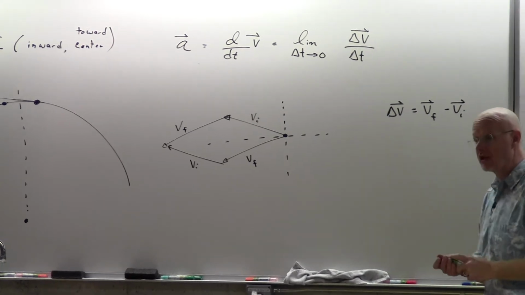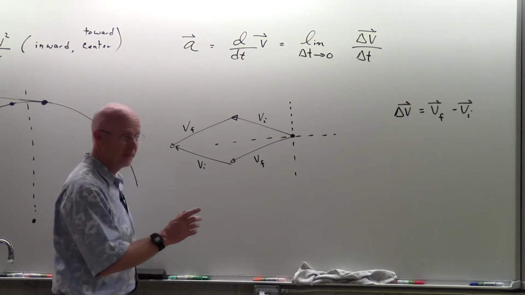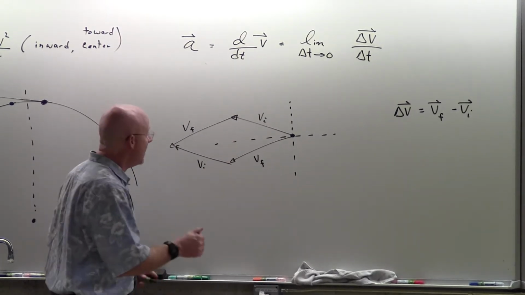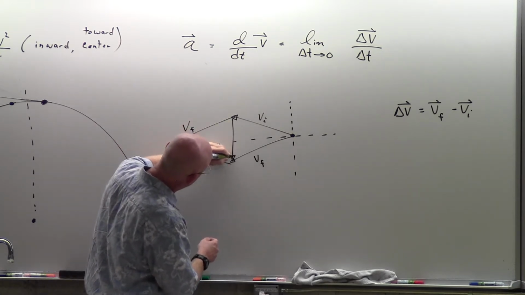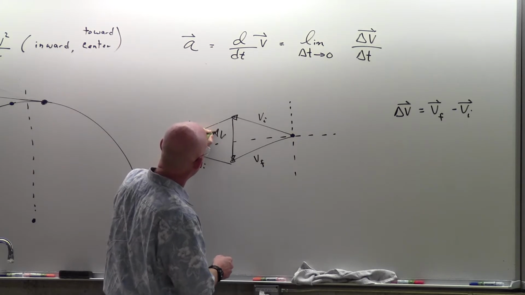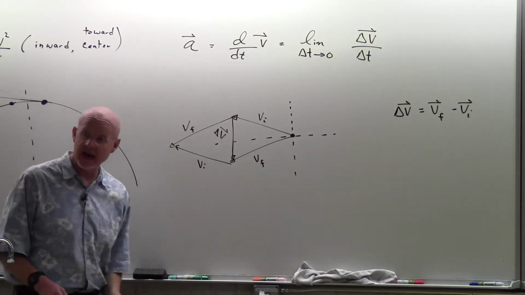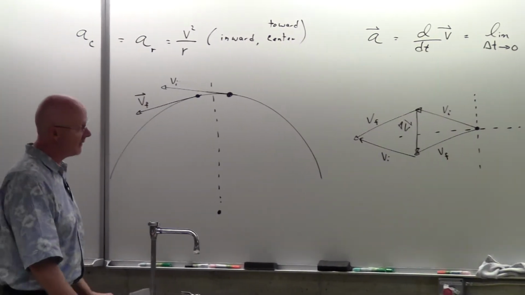So how do we draw the change? Isn't it the other diagonal, right? And so if I were to draw that one there, that pointing straight down is the change in the velocity vector.